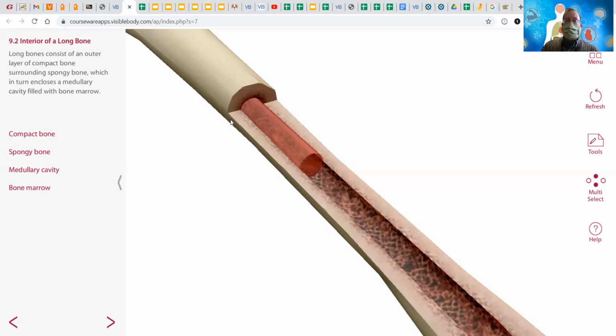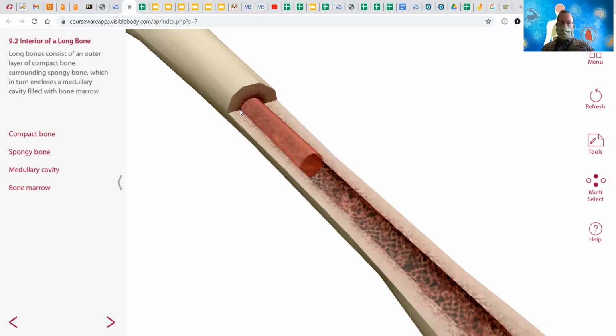It happens, certainly, but it is difficult to do. So the most superficial layer, and this talks about the interior of a long bone, but I do want to mention that a couple of these features occur in all bones. Okay, all bones are going to have that periosteum around them, and then that next layer. So really, the most superficial layer of actual bone is called compact bone.